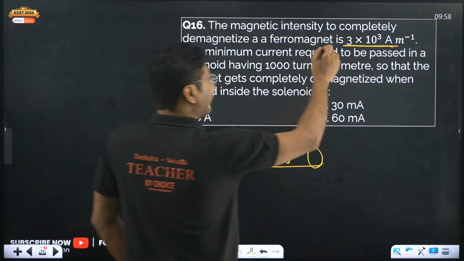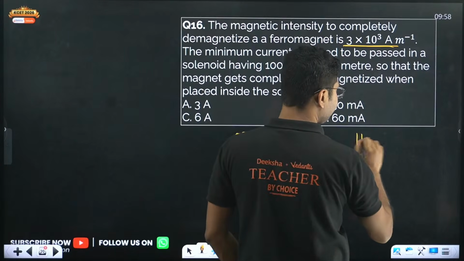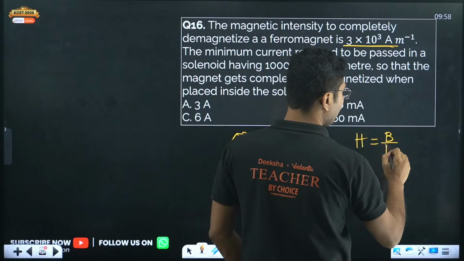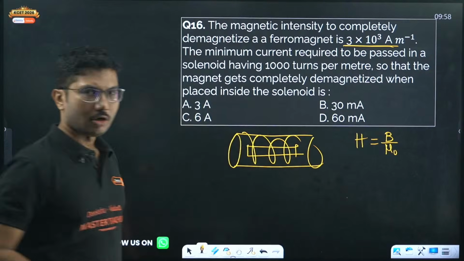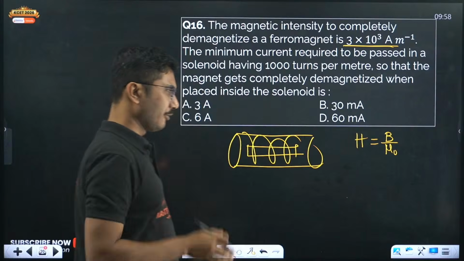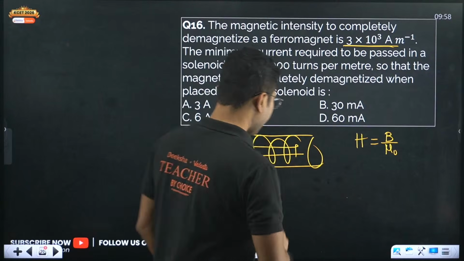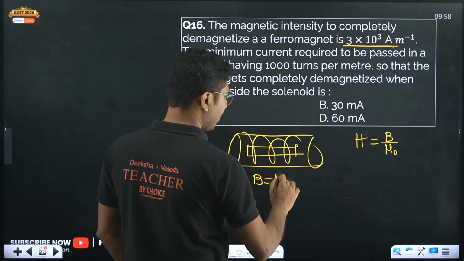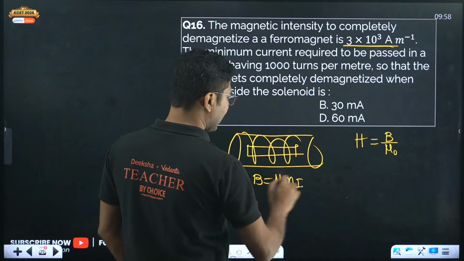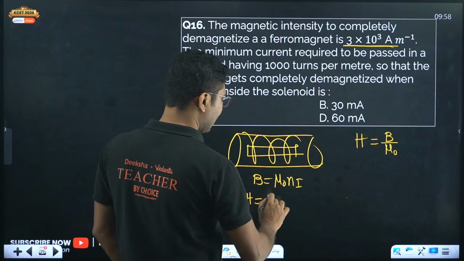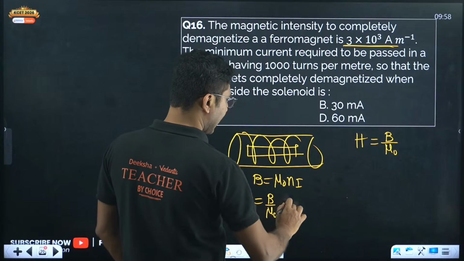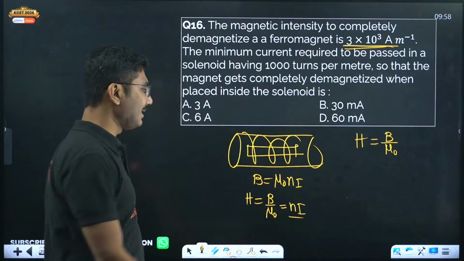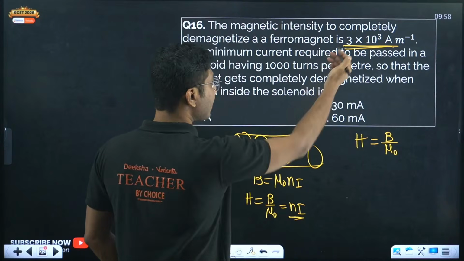Magnetic intensity is given, which is H. H is equal to B by mu naught, or B by mu more accurately. Here we know that the magnetic field developed inside a solenoid is given by mu naught N I. So magnetic intensity will be B by mu naught, that is N into I. You require this much magnetic intensity, and the number of turns is given.